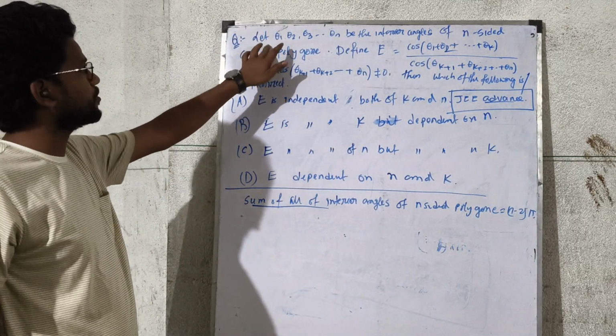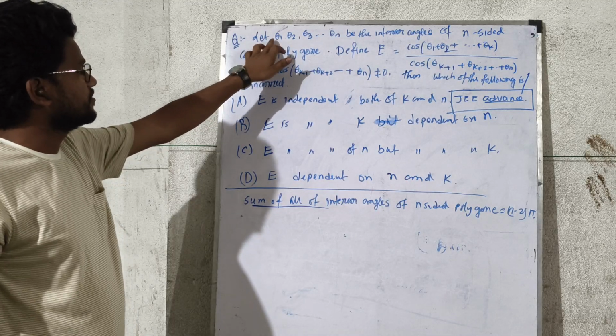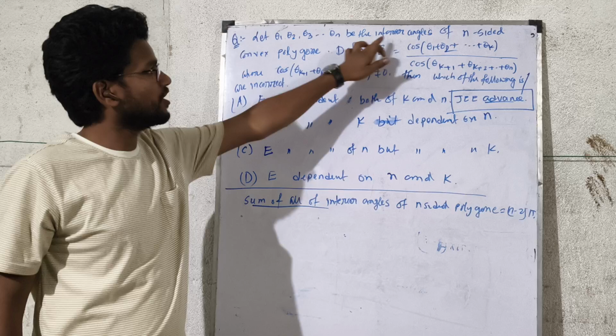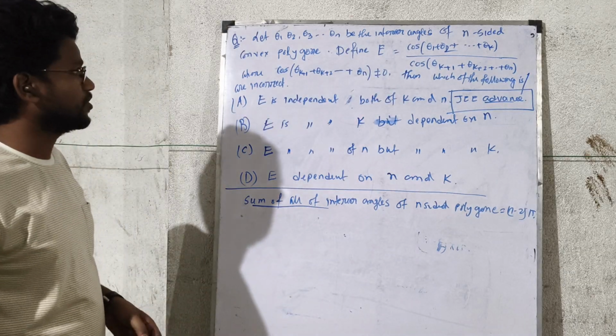The question says that theta 1, theta 2, theta 3, dot dot theta n are the interior angles of an n-sided convex polygon.